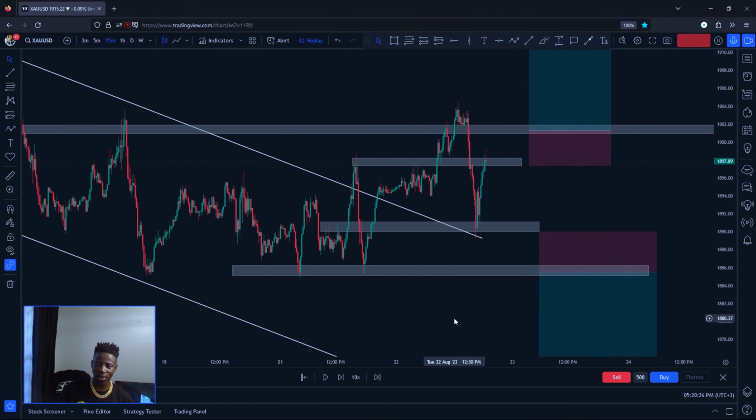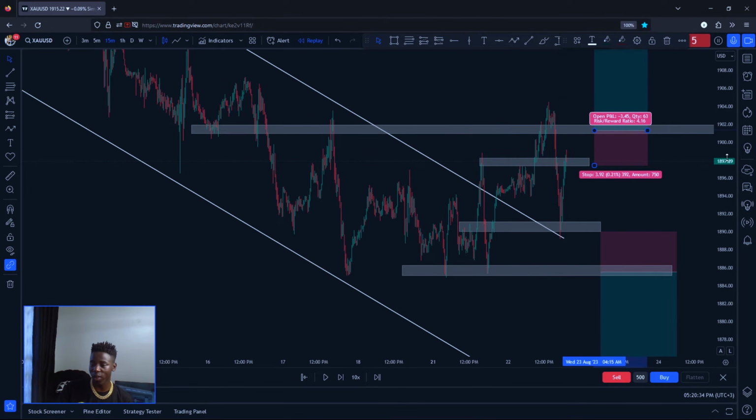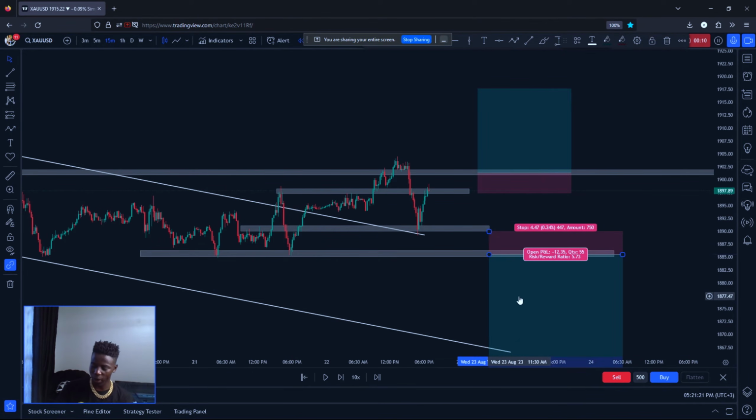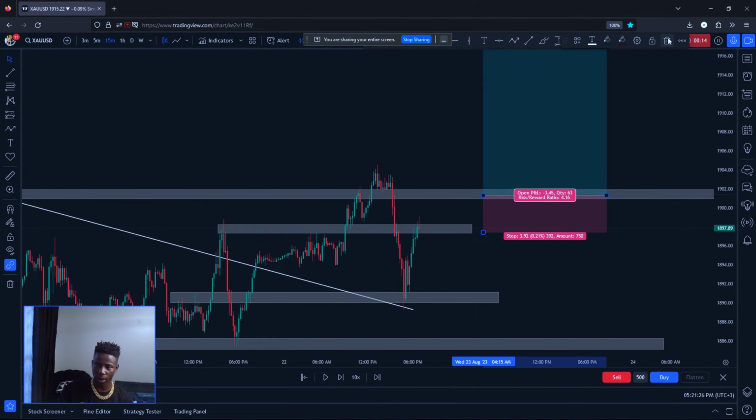Or I will wait for the market to give me a confirmation at the levels of support. Because we already know we broke this trend line, went up, came back. All right, now let's wait and see whether we're going to get the entry.